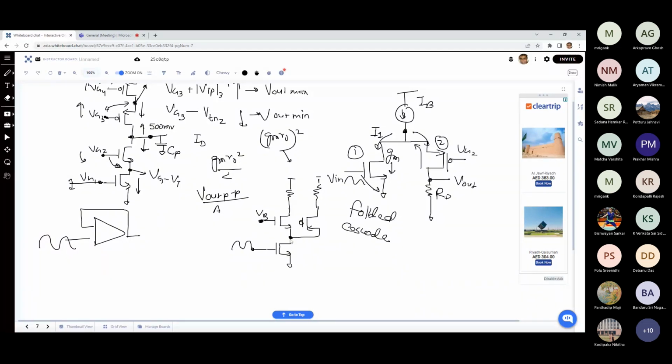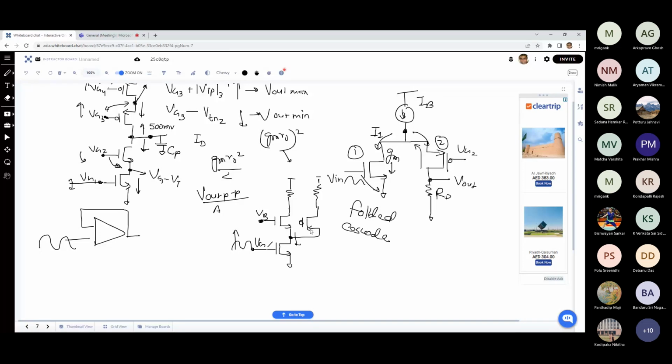So if I say that my input signal is large and it is going to go significantly higher than the DC potential that you have, VG, you will have a possibility of this lower transistor entering into triode region. So if you want to have large input swing, there also we need to make sure that you have enough room for the lower transistor over here, and the drain voltage does not go drastically down and does not enter into triode region.